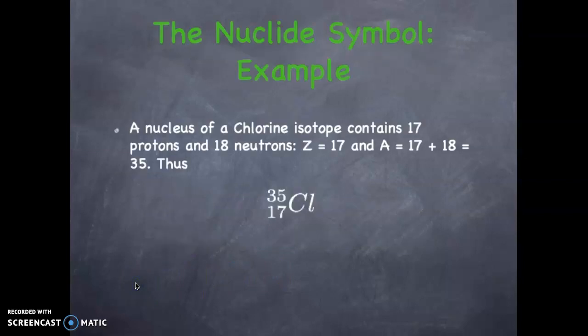An example: this then becomes chlorine 35/17, and chlorine 35/17 has 17 protons. It has 18 neutrons plus 17 protons give 35, so that's why it is Cl 35/17.